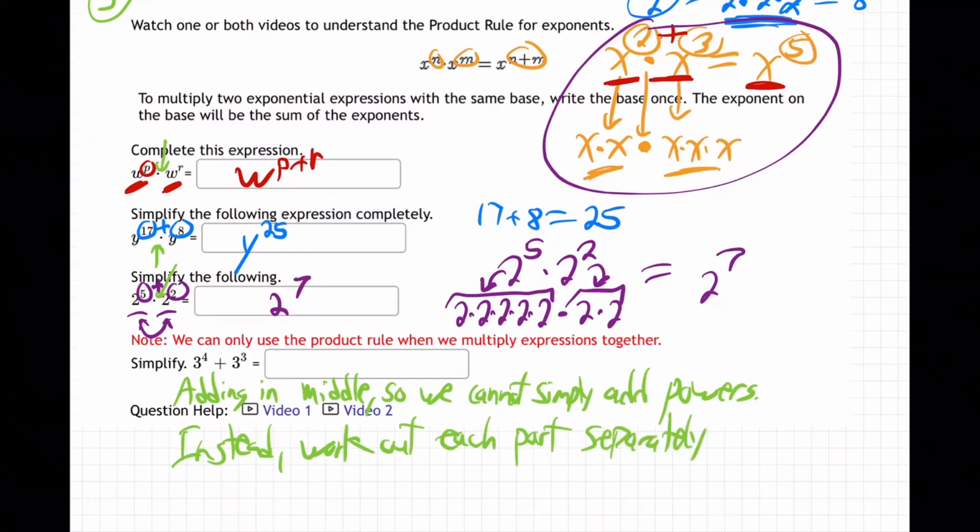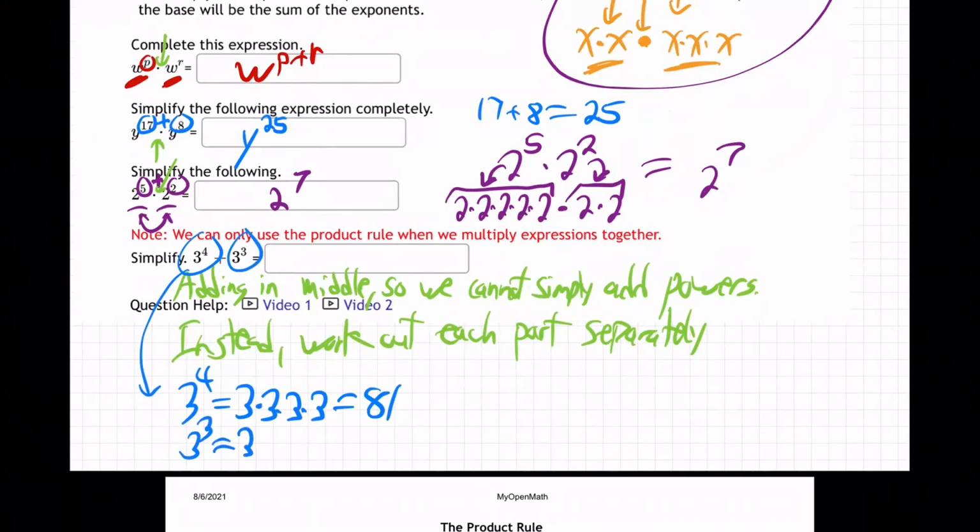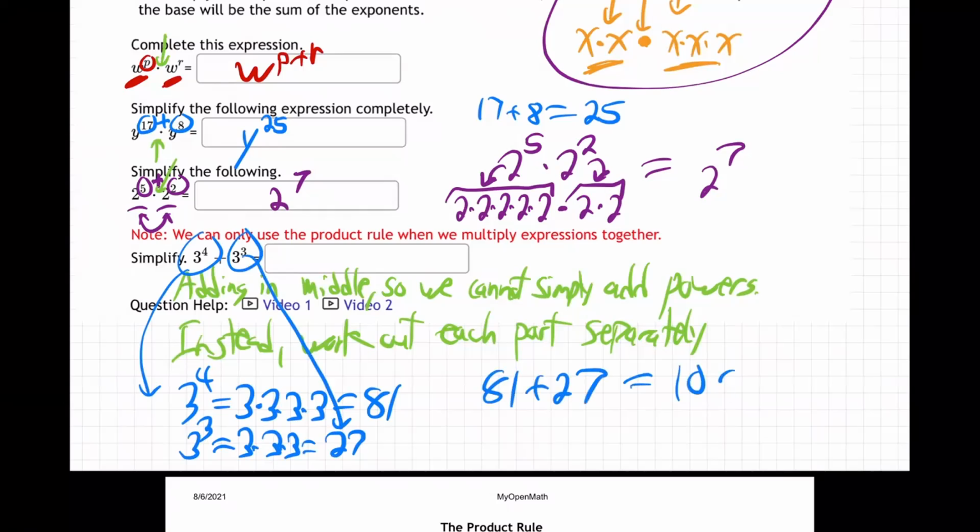So just do the first part, 3 to the 4th. What is 3 to the 4th? Just use your calculator. It means 3 times 3 times 3 times 3, which is 81. And what is 3 to the 3rd? It's 3 times 3 times 3, which is 27. So this becomes 81 plus 27, which is 108.